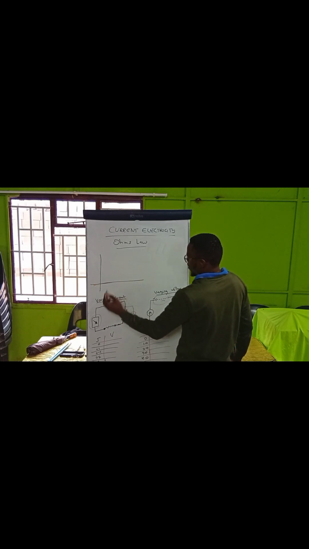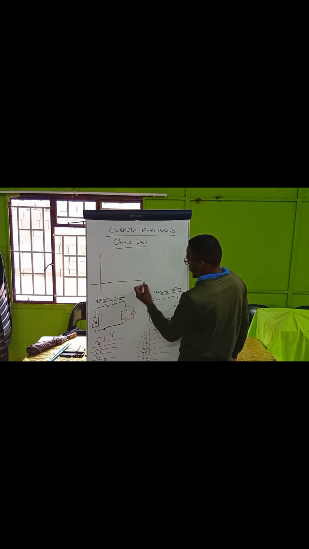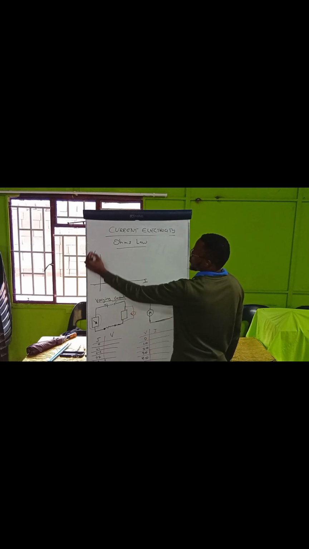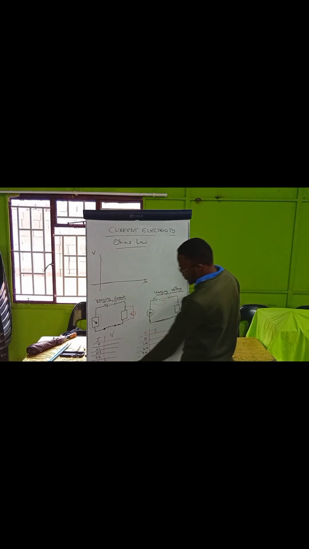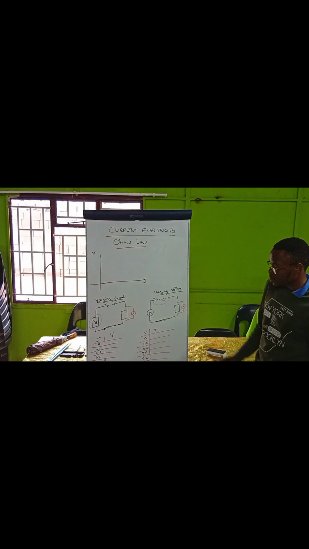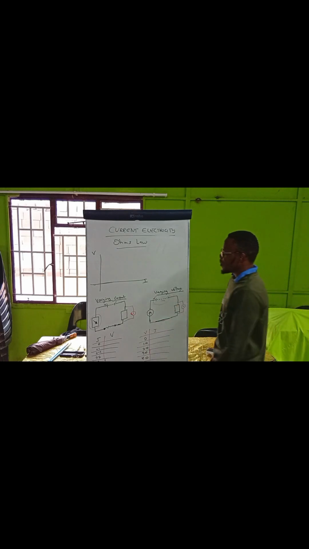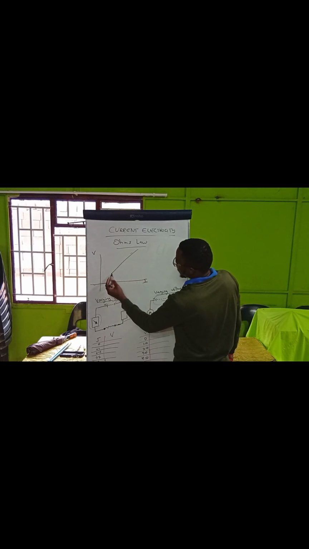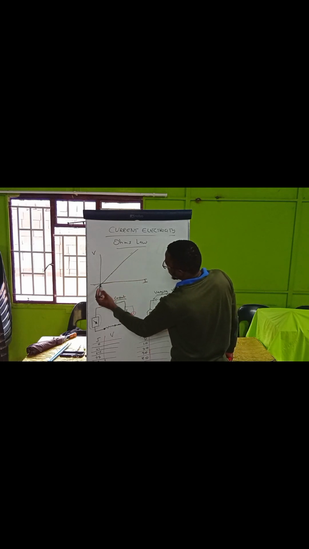Remember, when you're varying current, that would mean your independent variable would be the current, and your dependent variable would be the voltage, because it is depending on how much current I have. So he noted that there was a completely linear graph, a line which is passing through the origin.